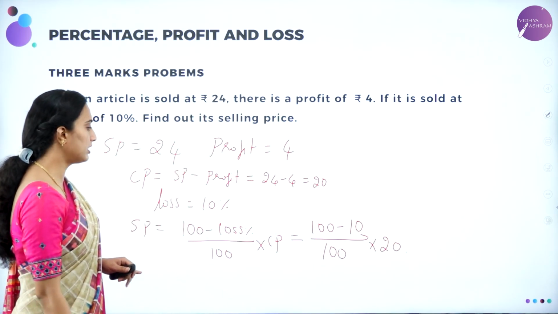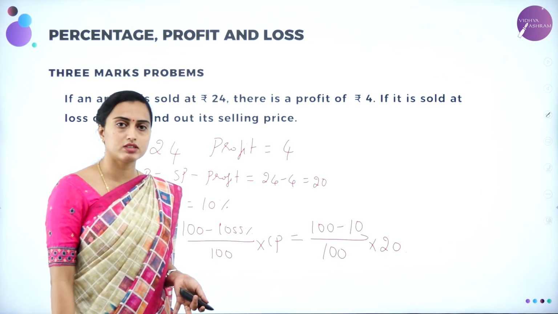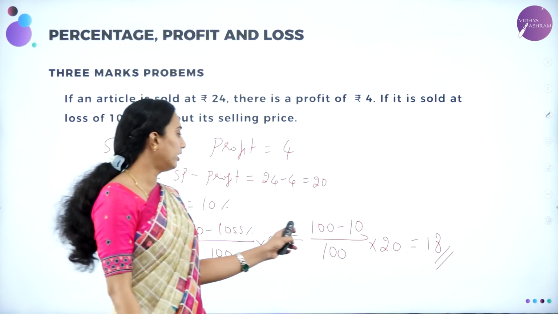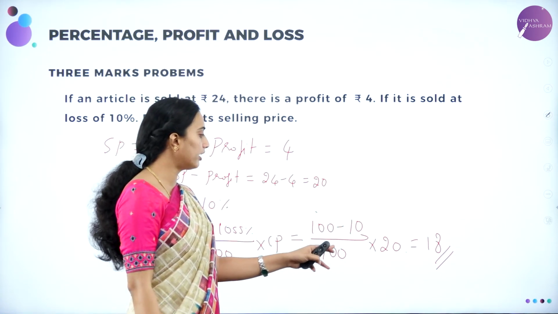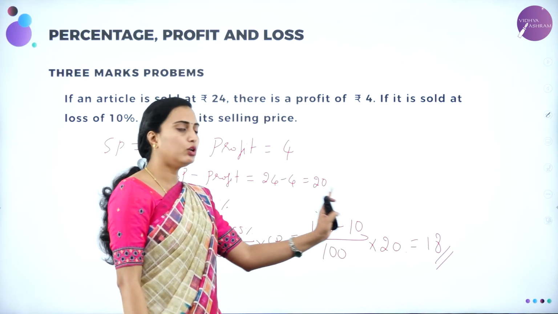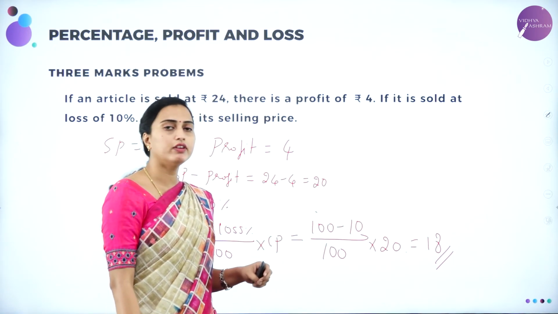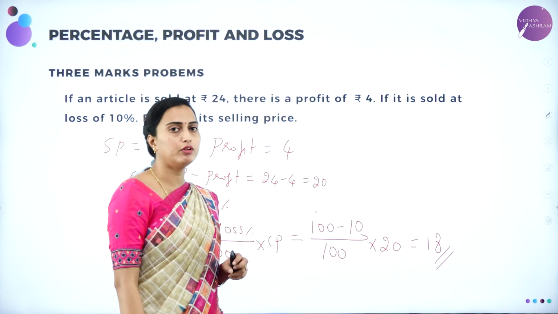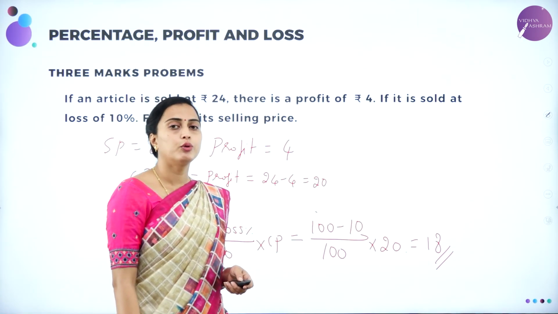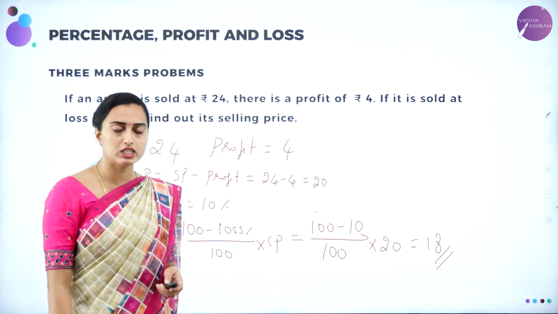So by cancelling this, you are going to get the answer, which is nothing but rupees 18. 100 minus 10 is 90 divided by 100 into 20. Correct? Then 90 into 20 divided by 100 will give you rupees 18. So the article's selling price will be rupees 18. Understood? I hope you understood this question. We'll move on to the next one, dears.